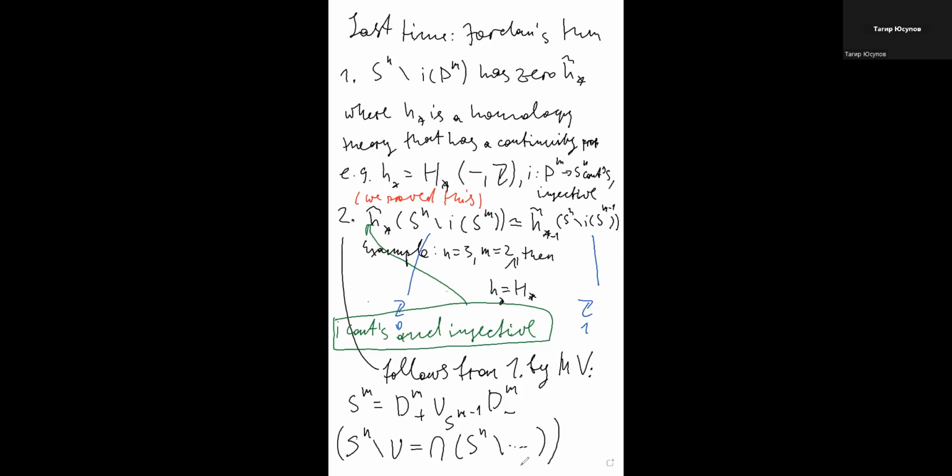Okay, I'll write again the components of the Mayer-Vietoris sequence. So we have U equal Sn minus I of D_m plus, V equal Sn minus I of D_m minus.